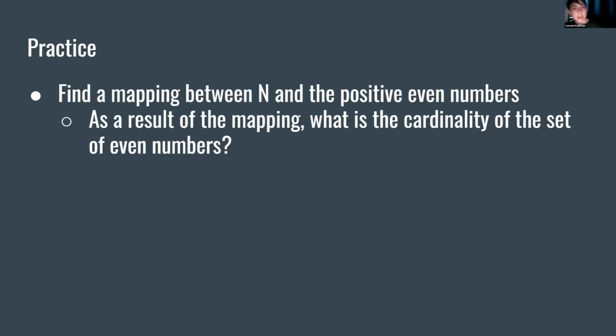All right, let's talk about what the mapping is going to look like. If we have our natural numbers, 1, 2, 3, 4, 5, 6, and so on, and then we have our positive even numbers, that's 2, 4, 6, 8, 10, 12.